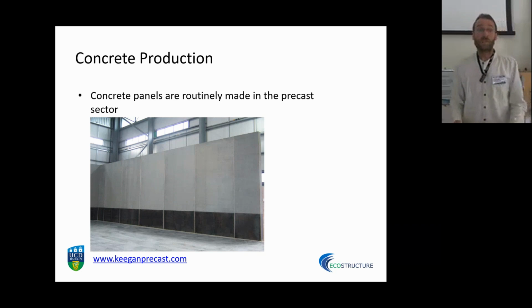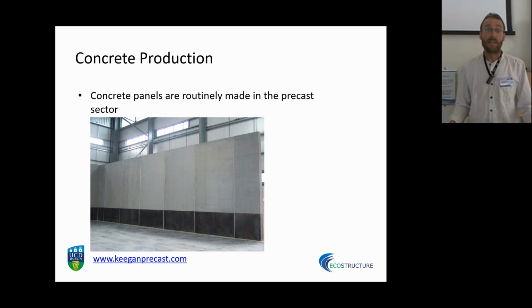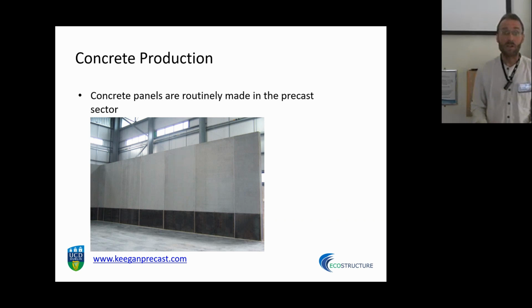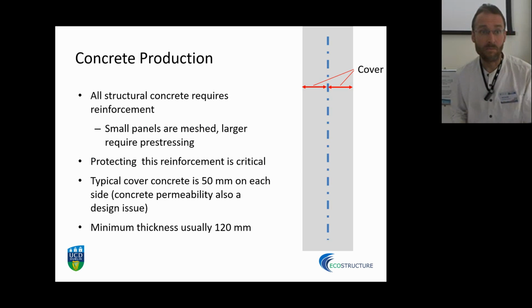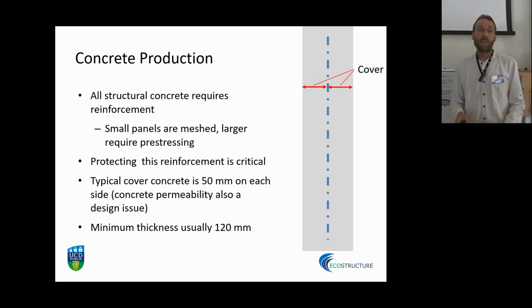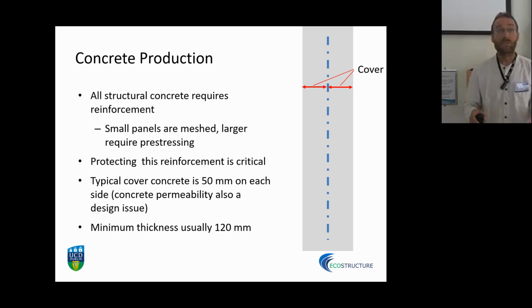The concrete panels are routinely made in the precast sector. There's nothing unusual about this. So panels of the size that we were considering for our topography panels. And all of these panels require some kind of reinforcement. So in the case of small panels, they can be meshed, but the larger panels require some pre-stressing.